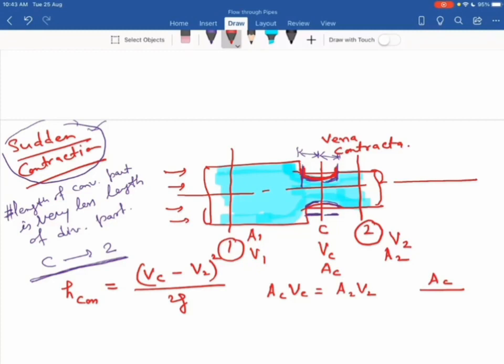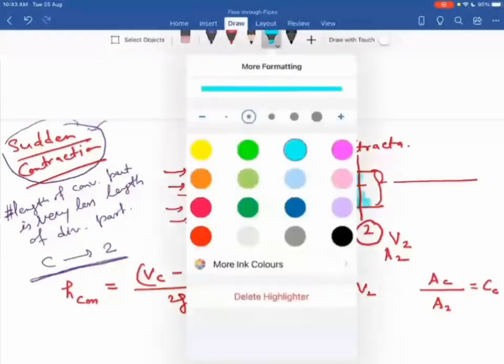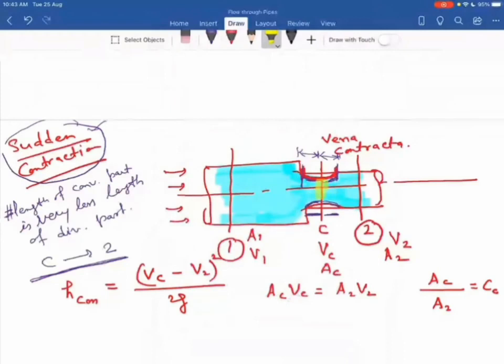I write it as CC, coefficient of contraction. So AC is only this area, the cross-sectional area. So AC upon A2 I write as CC. CC is the coefficient of contraction.